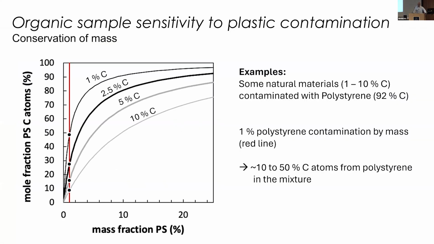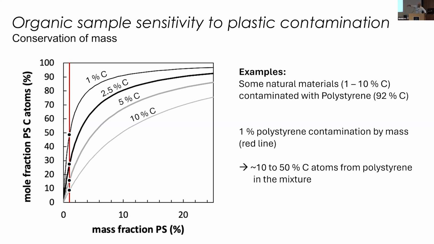So we can convert mole fraction to mass fraction and look at the relationship. So in other words, on the x-axis here, this would be the total mass of plastic per total mass of your mixture. So for example, if you had a 100 microgram sample of some natural material that was contaminated, and only 1 microgram of that sample was polystyrene, then it would be all the points that align on the red line to the left, 1% by mass, polystyrene.